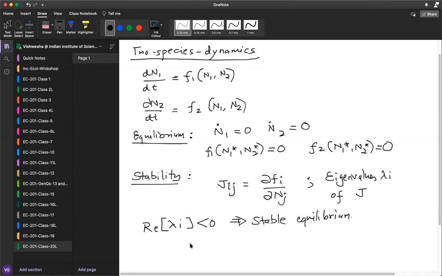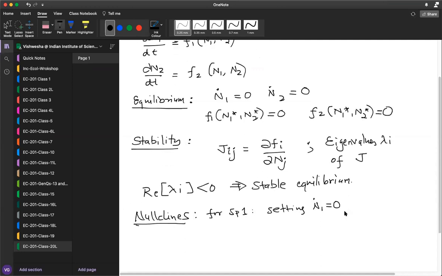That's the basic mathematical formalism, and then we also discussed how to analyze this graphically. The basic idea is we draw null clines. For example, null clines for species 1, we find by setting n1 dot equal to 0, and we may get 1, 2, or many null clines, and then again you do this for species 2.